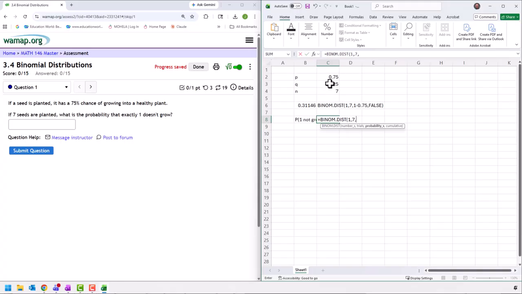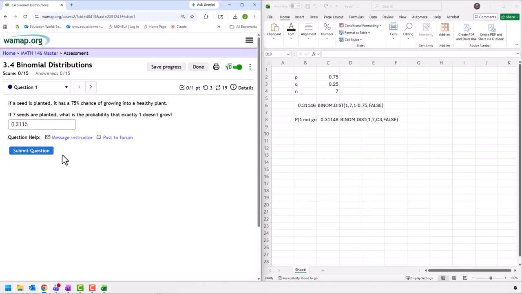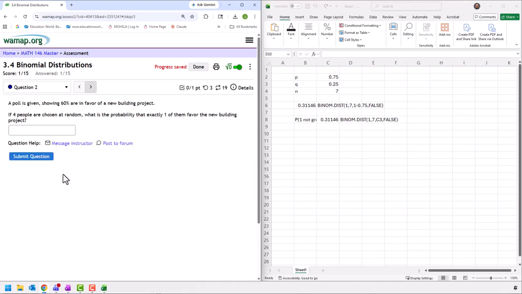The probability that it doesn't grow, redefining success here. And then again, if we have just one outcome that we're looking for, we do false. This gets us the same thing. So kind of 2 ways to look at the same question. These probabilities go in as decimals, rounded to 4 decimal places on our general rule.